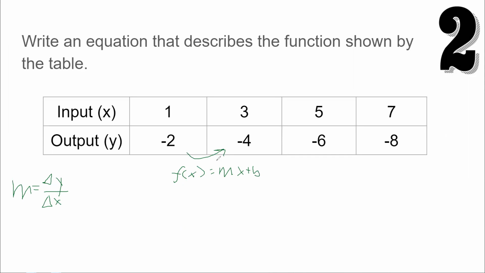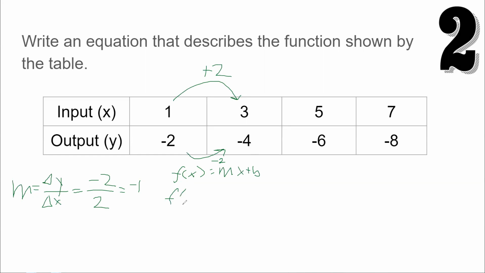It looks like it's going down by 2. So our change in y is a negative 2. Our change in x, it looks like it's changing by a positive 2. So we're going to put a positive 2 in the denominator. We're going to simplify that. 2 divided by 2 is 1, and negative divided by a positive is a negative. So we have a negative 1 for our m.